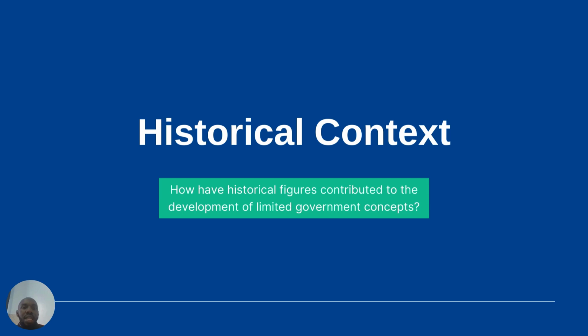And thinkers like John Locke laid the groundwork for modern theories of limited government, and they emphasize the importance of checks and balances to be able to prevent tyranny and protect individual liberties.